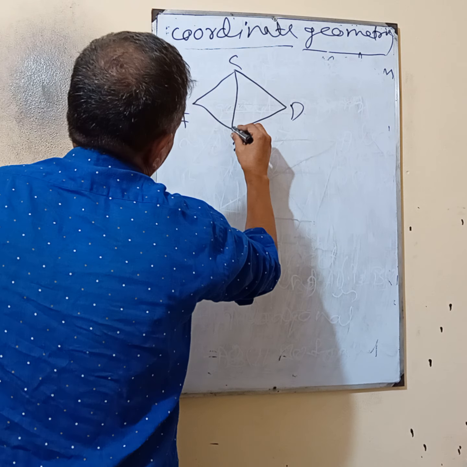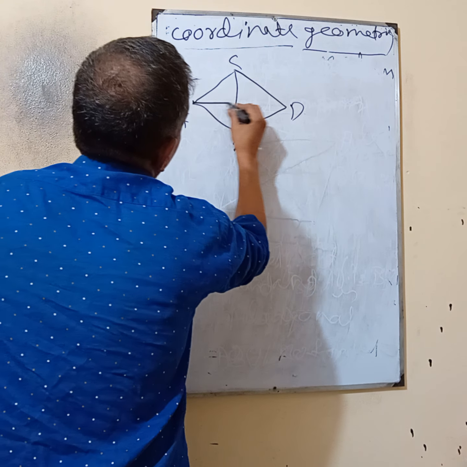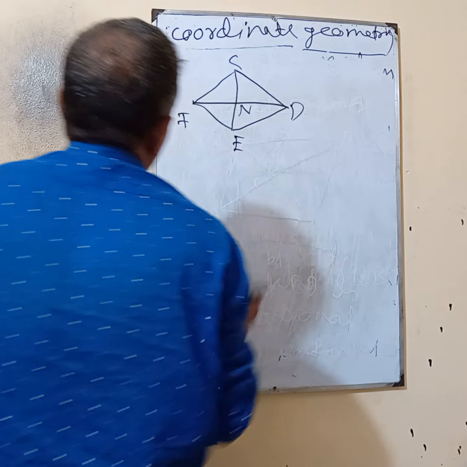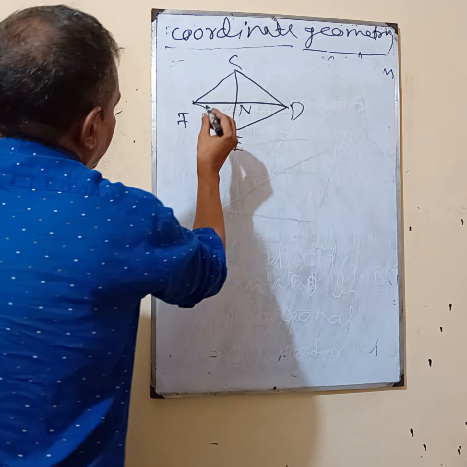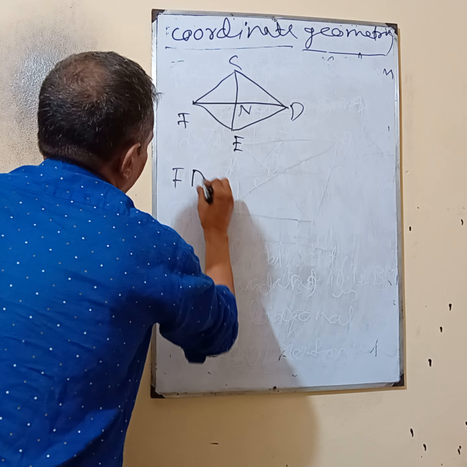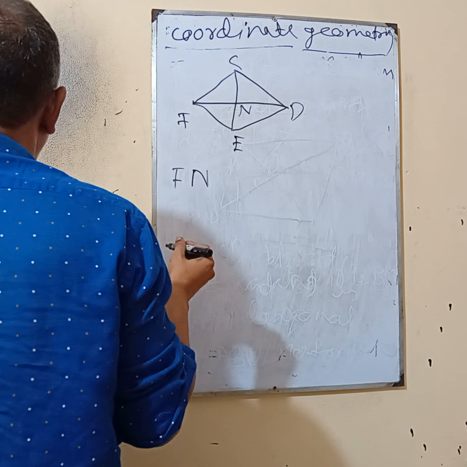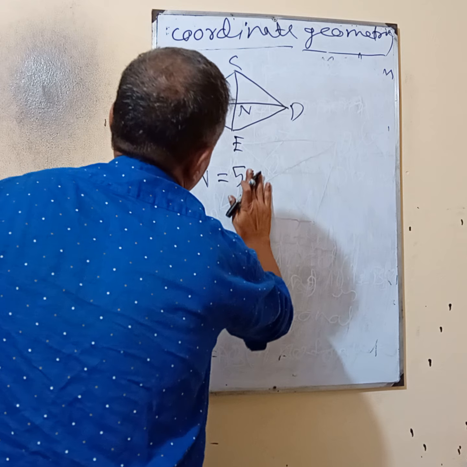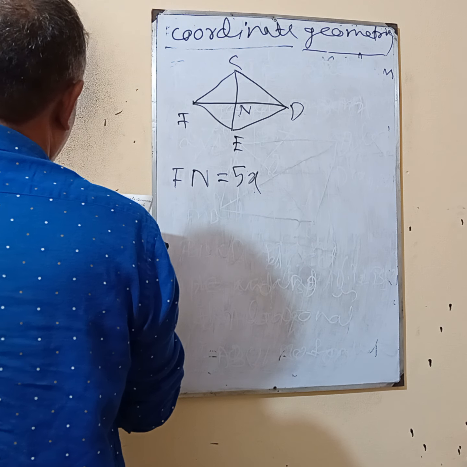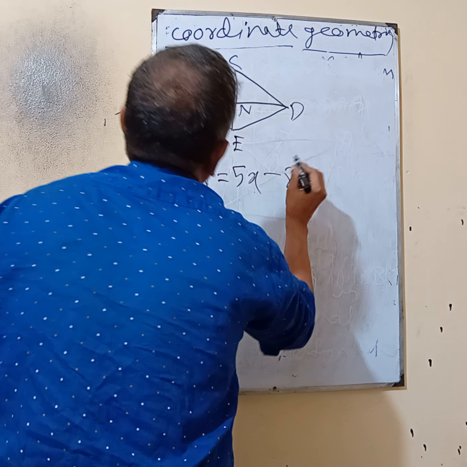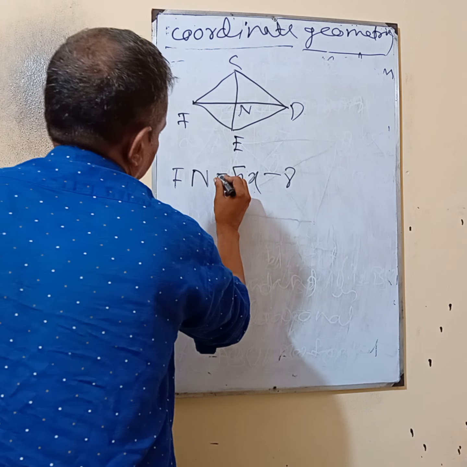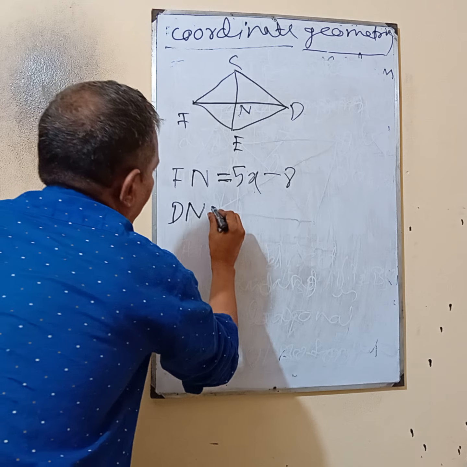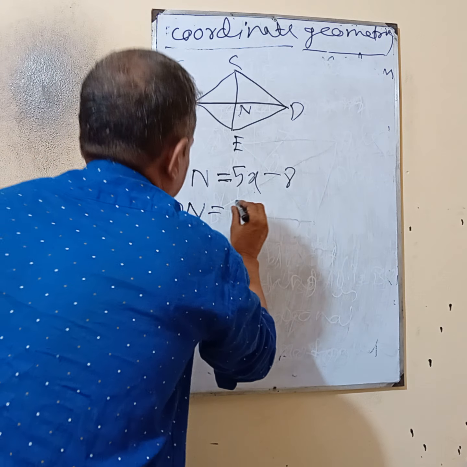Suppose I draw the diagonals CE and FD, bisecting at N. Given that FN is equal to 5x minus 8, and DN is equal to 3x.